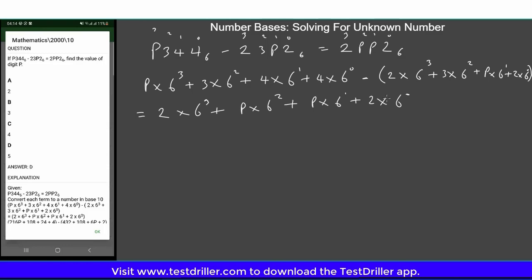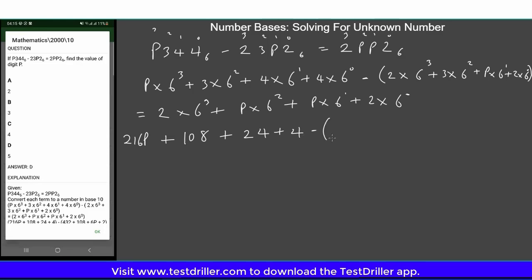So let's try to simplify. 6 raised to the power of 3 will give you 216, so you have 216P, plus 6 raised to the power of 2 gives you 36, and 36 times 3 will give you 108, plus 4 times 6, that will give you 24, then plus 4 times 1, that will give you 4.